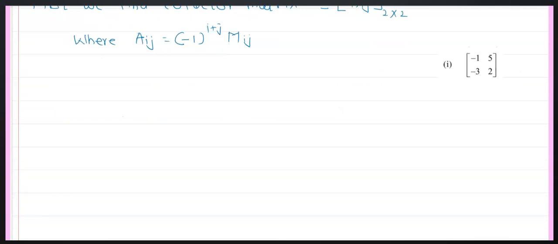Therefore, A11 is minus 1 raised to 1 plus 1 and M11 is 2. Next is A12. Minus 1 raised to 1 plus 2 is a minus, and again minus 3, that is a plus 3.